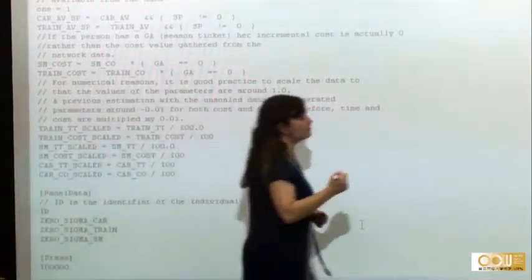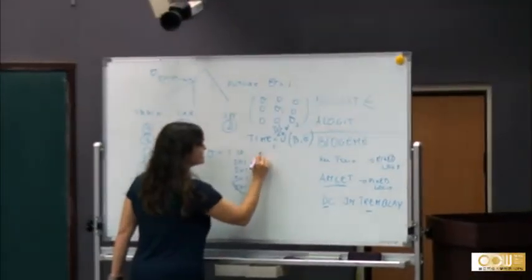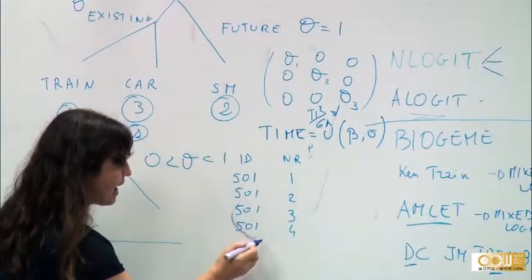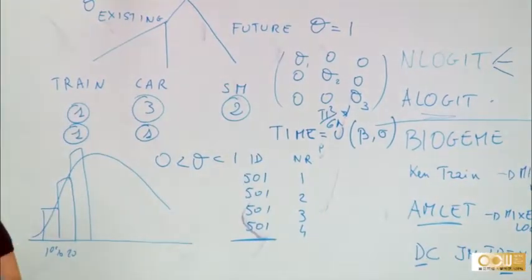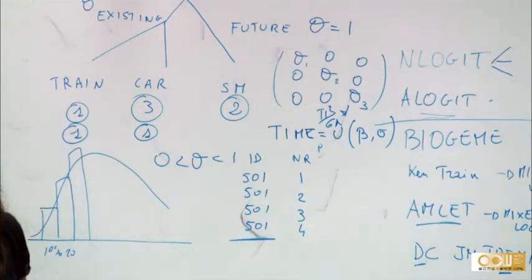So if individual 501 gave 4 responses, you have 4 times this. Right? So this is the ID, and this is the number of responses. So 1, 2, 3, and 4. But the ID is always the same. So he can count how many observations belong to the same individual, and then account for correlation across the same individual. Right? Can you see that?